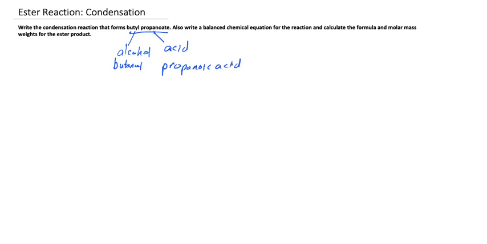Okay, so we're going to take butanol plus propanoic acid, and that's going to make our ester compound, which will make our butyl propanoate.